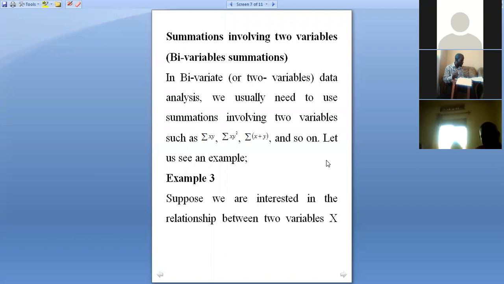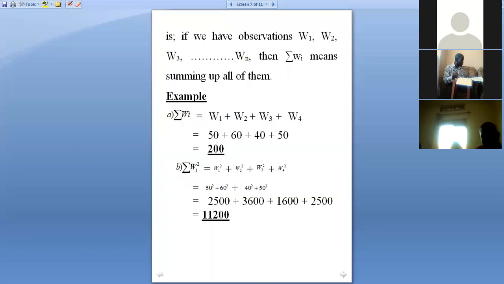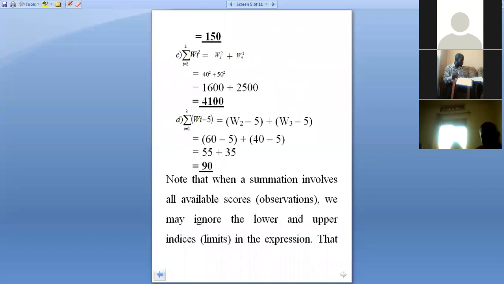Excuse me, doctor. Yes. For example 1, part C, where we have the square summation from I equals 3 to 4, I think I'm seeing the square part of it on I, which is giving a bit of confusion.